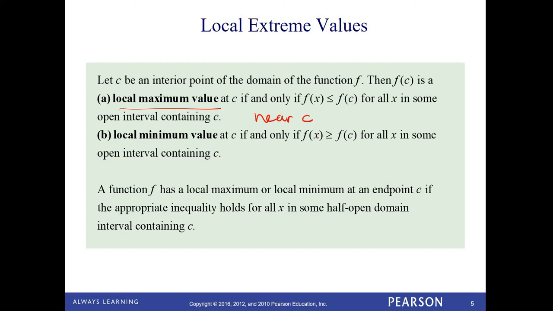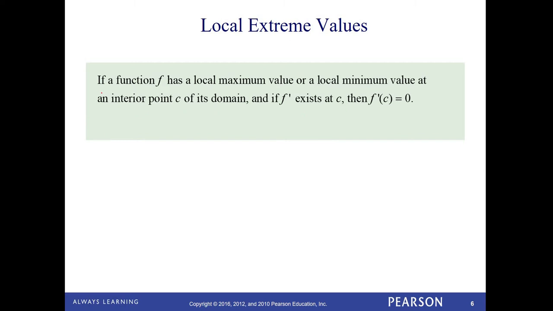Local minimum is the same: all the other function values are greater than that one for an interval close to c. The function has a local max or min at an endpoint if the appropriate inequality holds for all x in a half-open domain. So in other words, approaching c from a particular side.